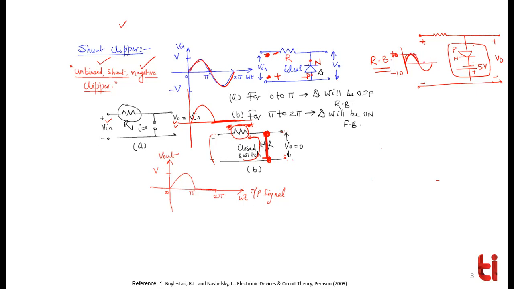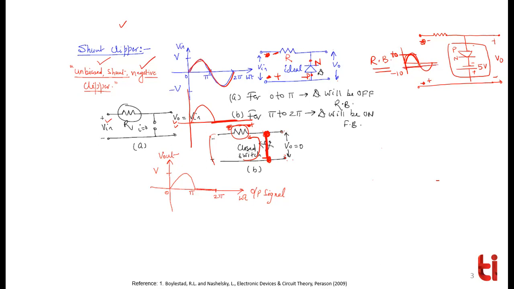Let's say this wave is going from 0 to, let's say, -1. At -1, what do you think? Will this remain in a forward or become reverse? Remain in a forward bias. When will it go in a reverse bias? Whenever the input voltage goes beyond minus 5, yes.